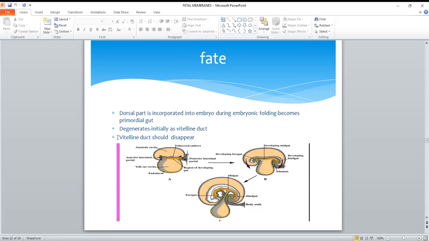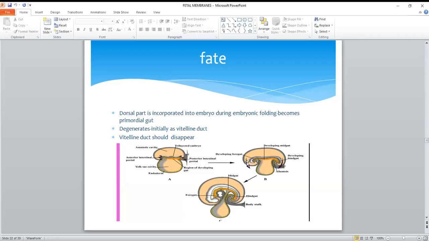Then the ventral part should degenerate, initially as the vitelline duct, and then the vitelline duct should disappear.